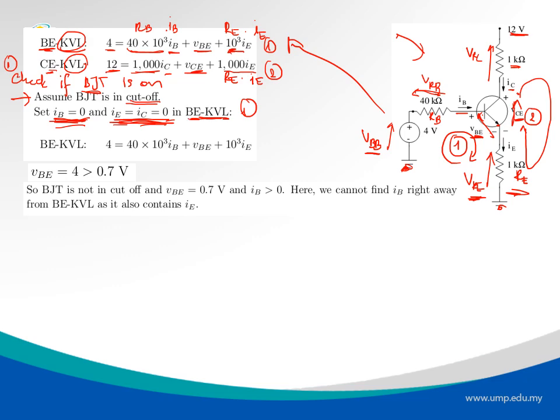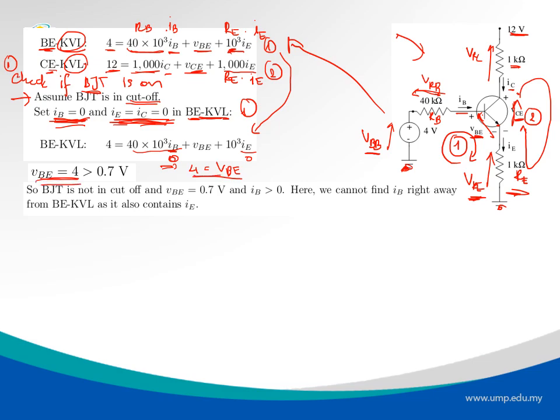If we plug in IB equals 0 and IE equals 0, then at the end we have 4 equals 40 times 0, which is 0, so 4 equals VBE. So we found that VBE equals 4.